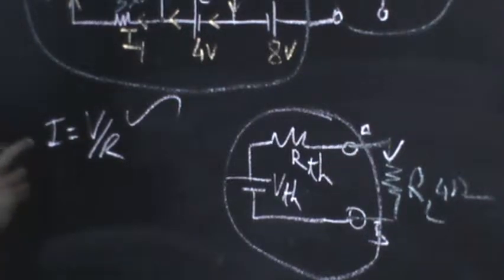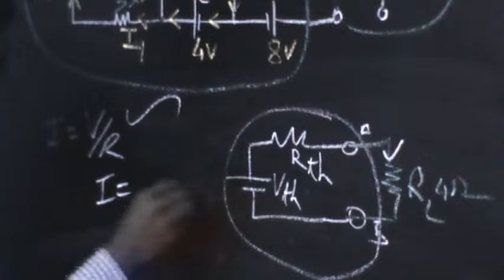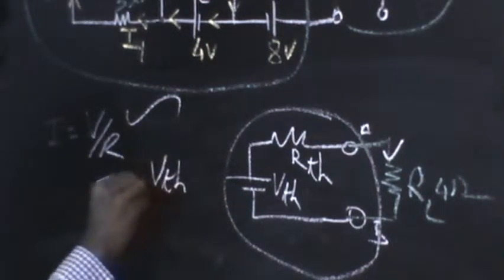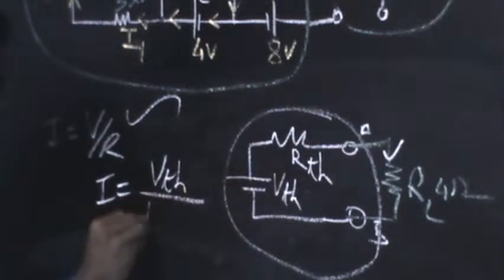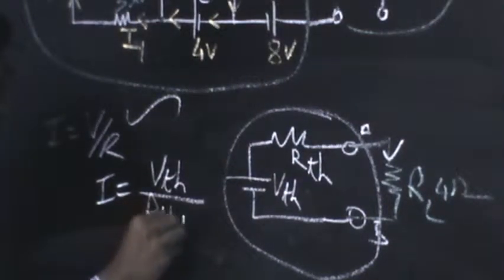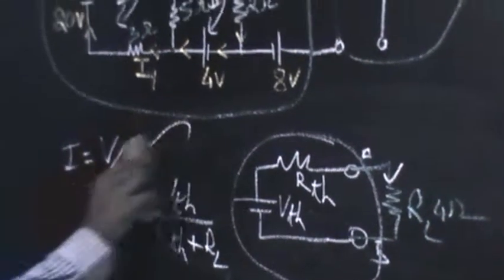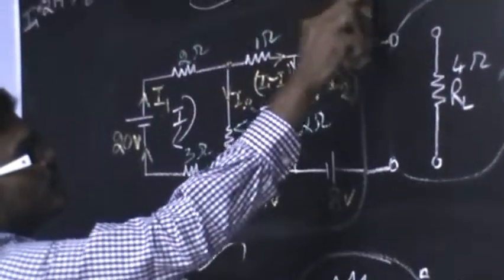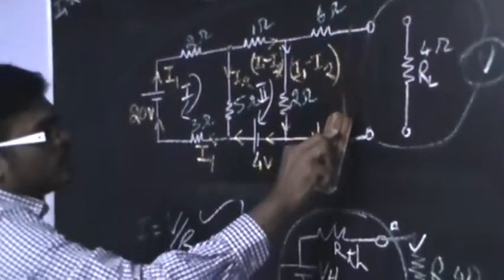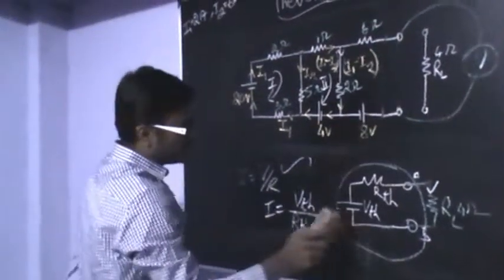So if I substitute in this, I will be getting I is equal to voltage is VTH by resistance is, we have two resistors here, one is RTH and other is RL. Finally I have got this formula, and this is our final aim, to find out the current flowing through the 4 ohm resistor using Thevenin's theorem.